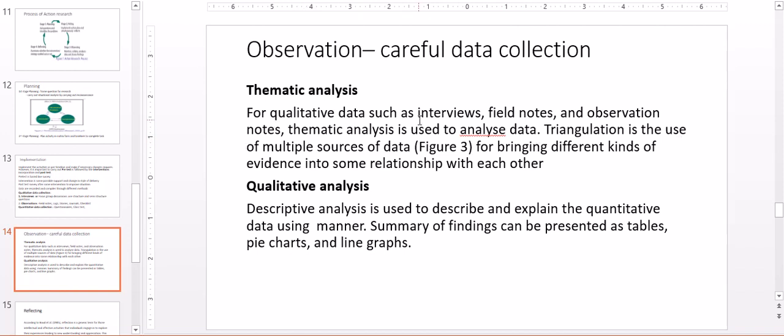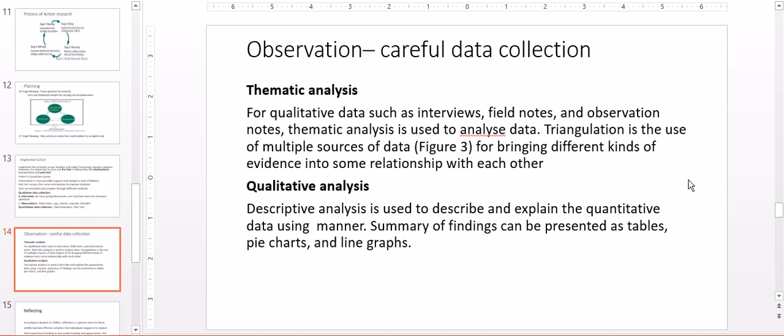The various interviews, field notes, and observations are all thematically analyzed using a triangulation method, where we try to bring the ideas from different data into one point, to see whether they all speak the same. That is called triangulation. So thematic analysis is to bring together the themes from the different sources of data, look at how they all speak the same, and bring them together. That is triangulation.